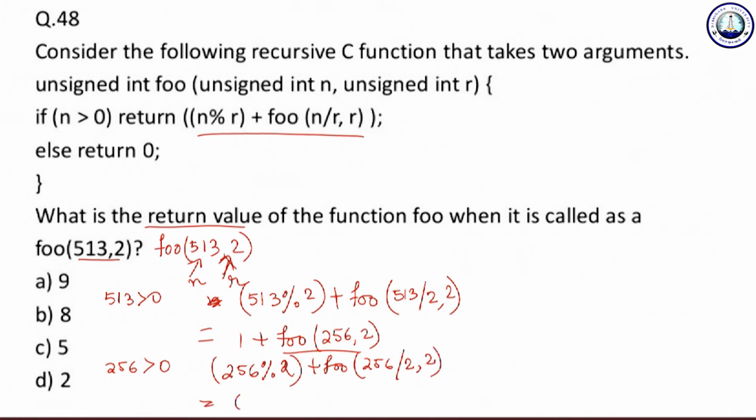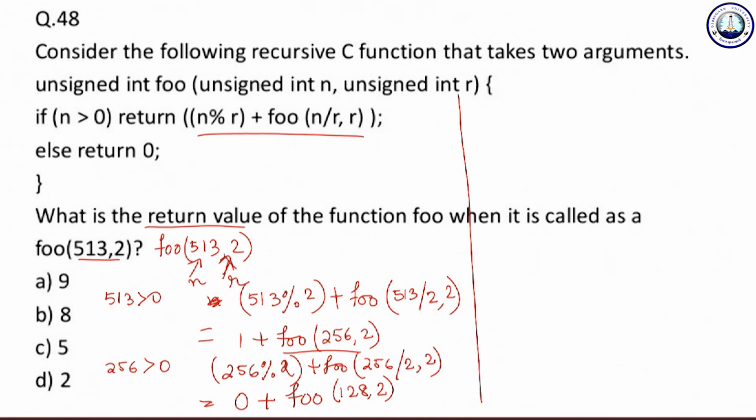So, it is equal to 0 plus foo of 128, 2. Then coming to the next portion.